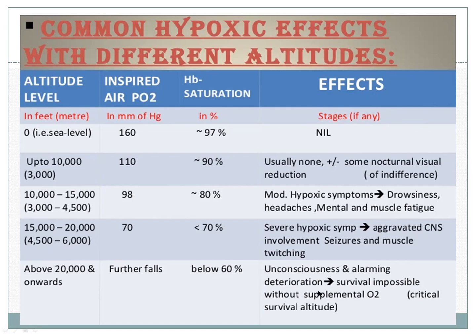There will be alarming deterioration. Survival is generally impossible without supplemental oxygen supply, and this, as we have seen in the earlier slide also, is known as the critical survival altitude. So you will have to have supplemental oxygen to reduce all these complications.